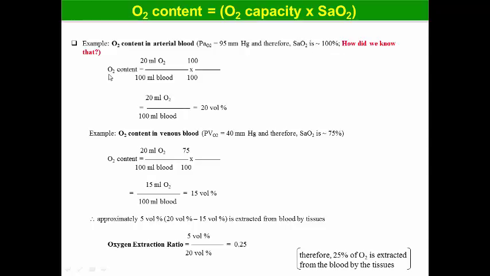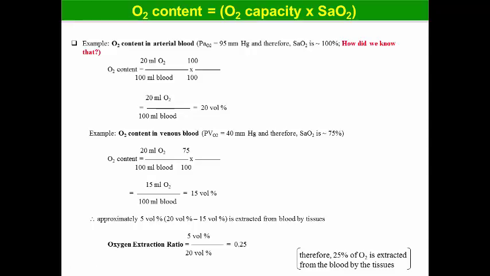So the oxygen content is equal to the capacity, which is 20, multiplied by 100%, which is 100 by 100. So the content is equal to 20 milliliters of oxygen in each 100 milliliters of the blood. In other words, the content in the arterial blood is equal to the maximum capacity.